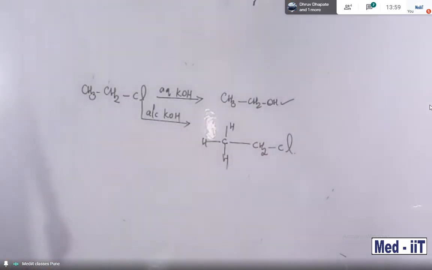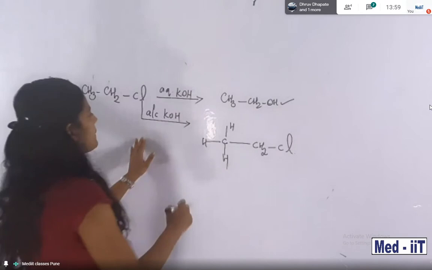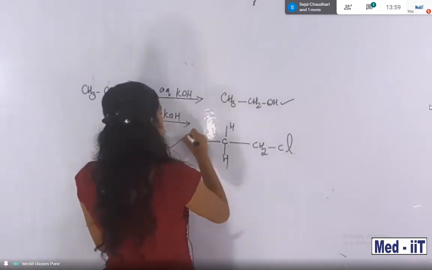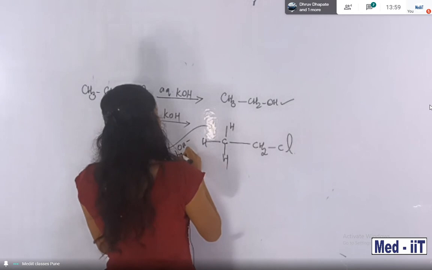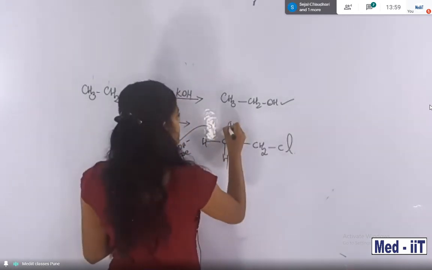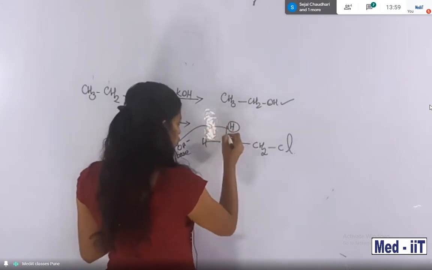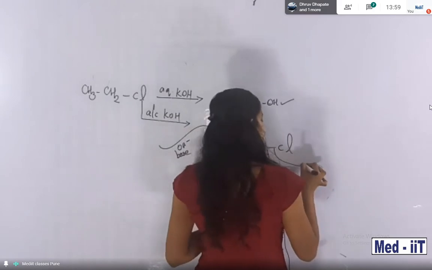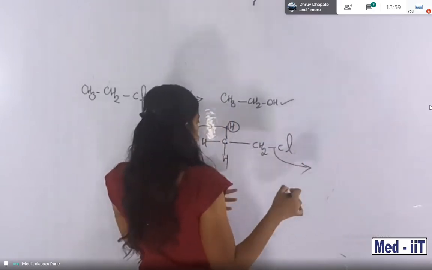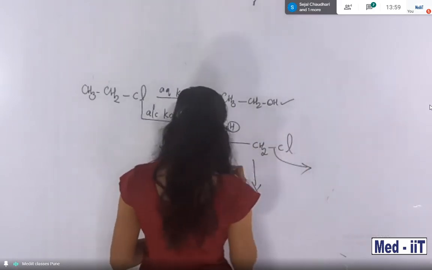In the presence of KOH, OH minus is a base. This is a proton. This base will abstract the proton. At the same time, this chlorine is also removed. So what happened?